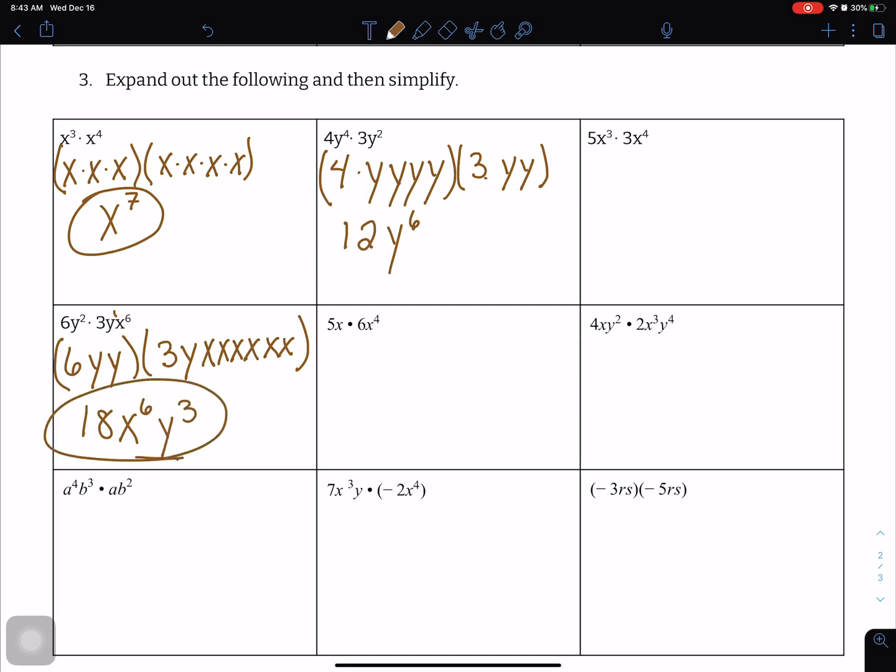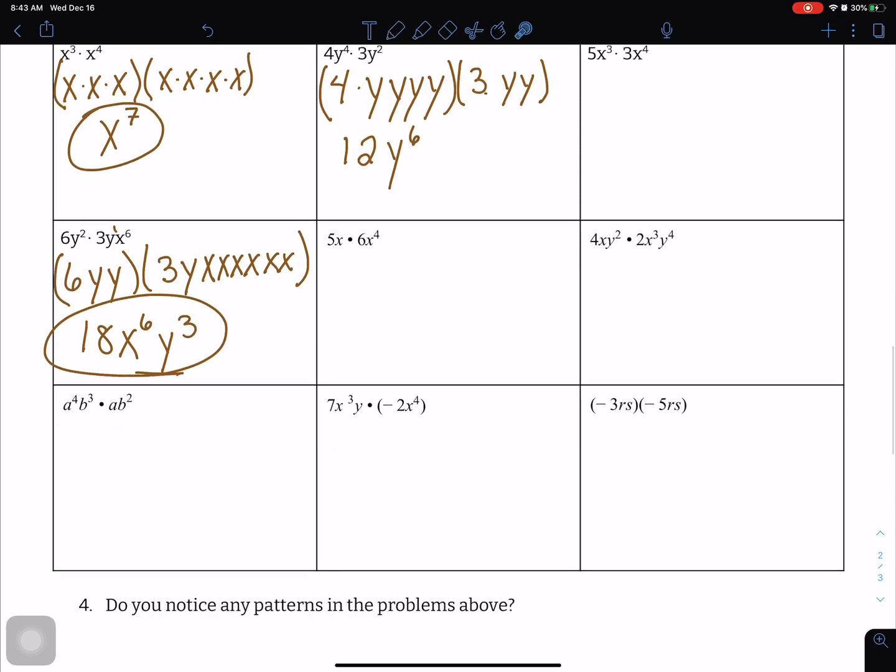I don't have my x's in more than one spot. My numbers are all in one number out front. They're multiplied together. I'm going to do this one over here that has 2 variables and looks like it could be a little bit more complicated. So expanded form first because that's the requirement. And then expanded form of the next one.